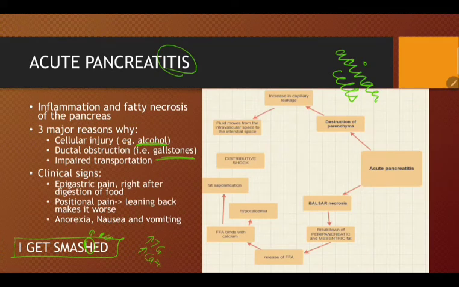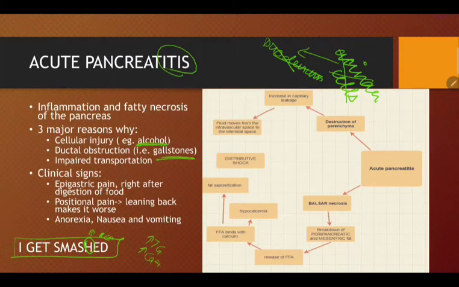If they get damaged, then none of these enzymes are secreted into the duodenum. But if they're destroyed, these enzymes get released. And if they get released, there's only one place to go, around the organ and affecting the tissue of the pancreas. So that's one. The second reason is ductal obstruction.